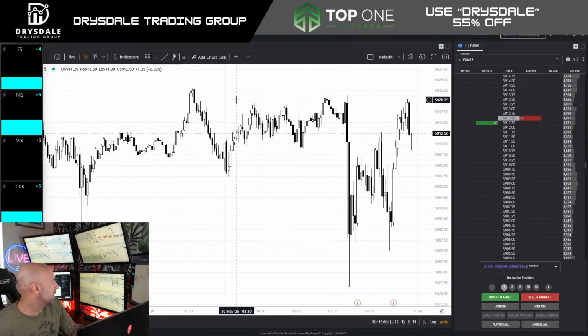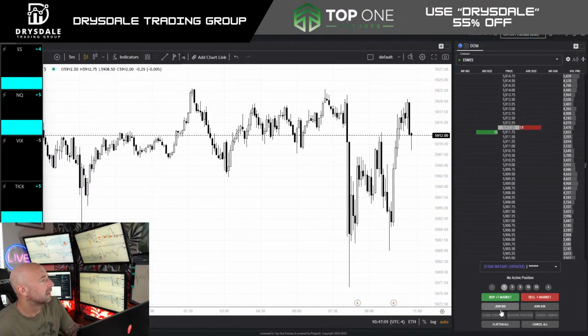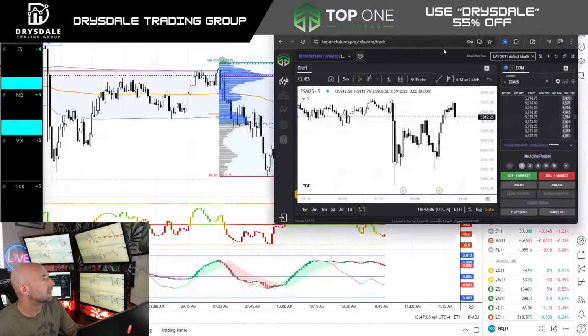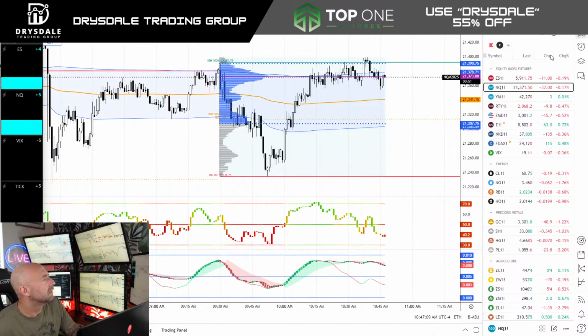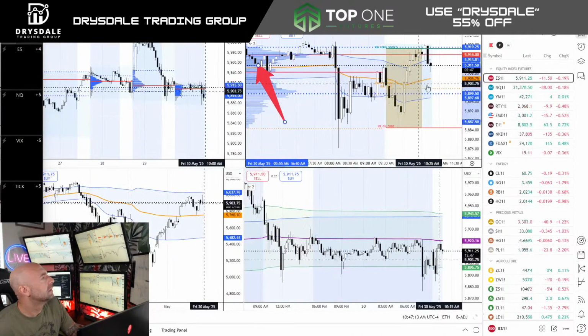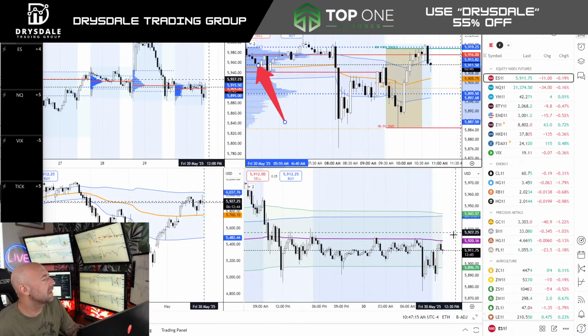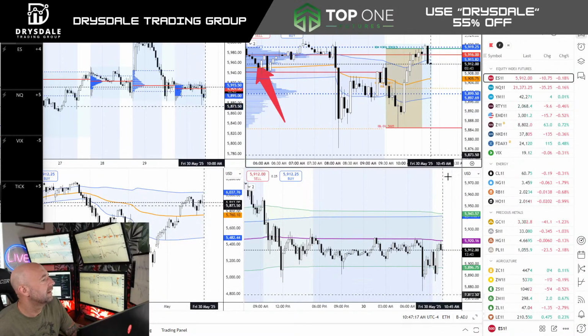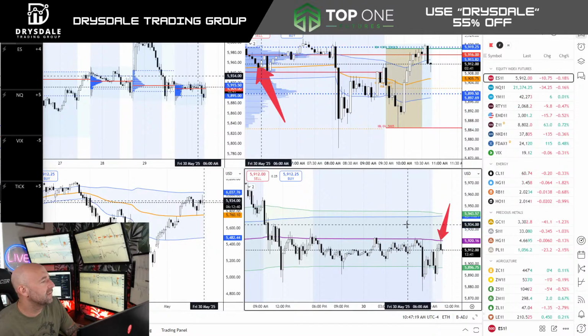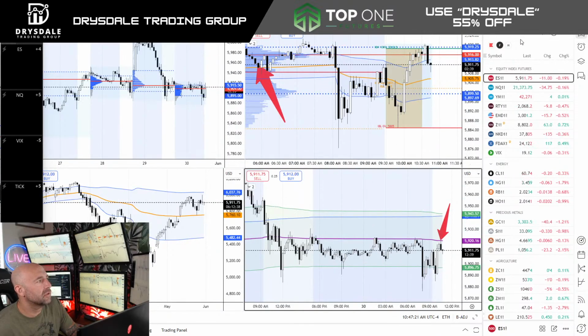All right, it's getting bought up there. Return to value. Look at that. I didn't even see that. We went to weekly VWAP to the tick. So do we go short here, or are they going to try and buy it up and push us through?